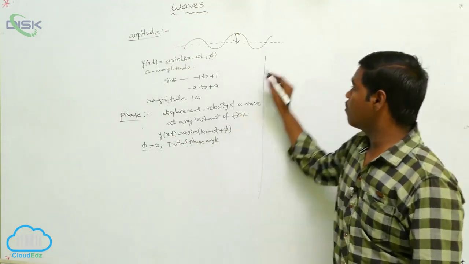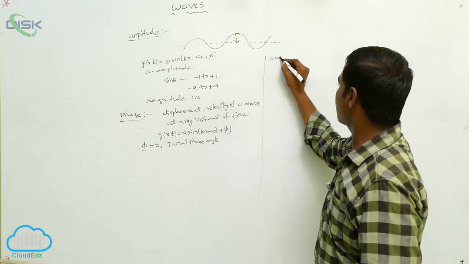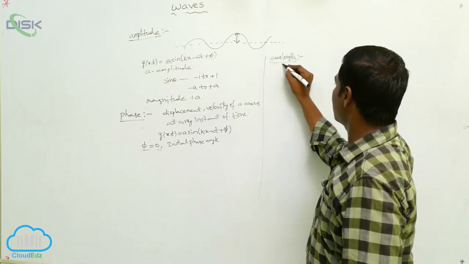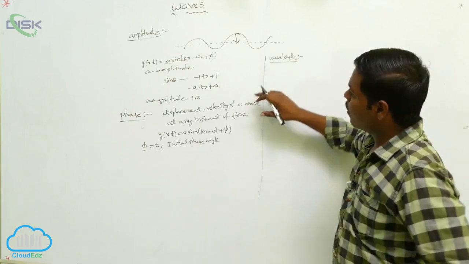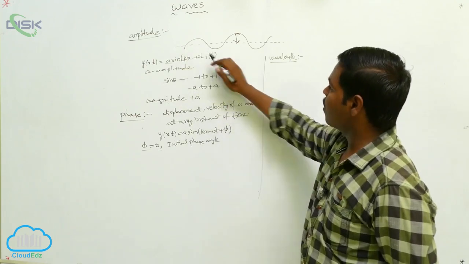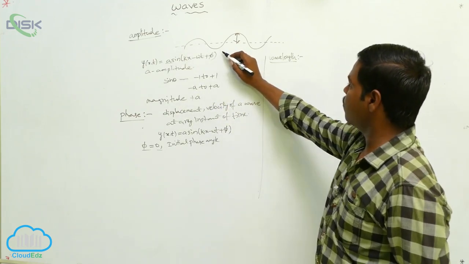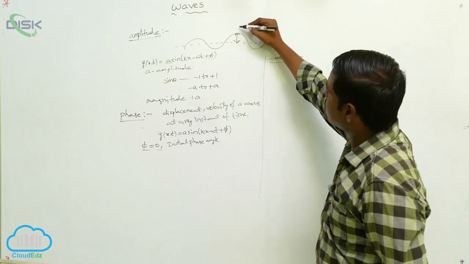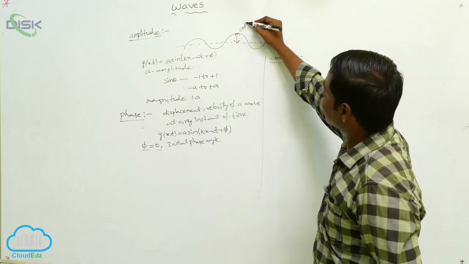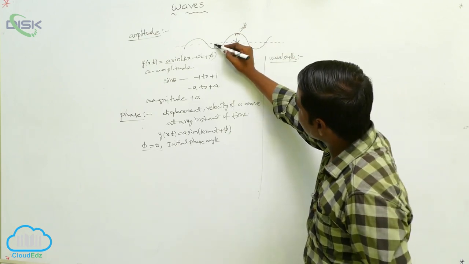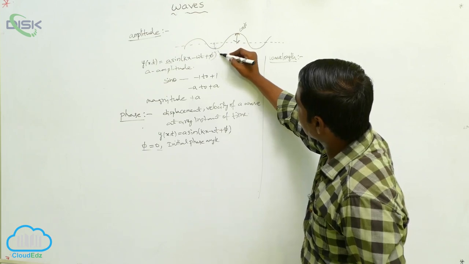Now wavelength. For example, if this is the wave, the maximum displacement above the mean position is called a crest, and the maximum displacement below the mean position is called a trough.